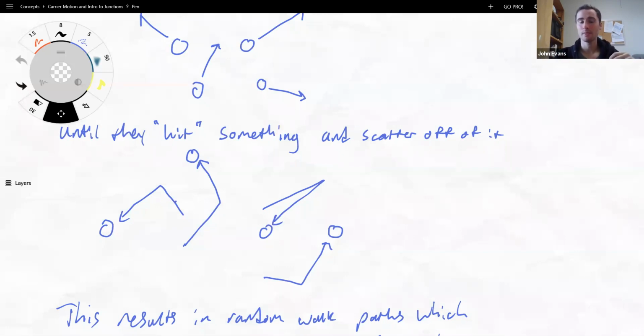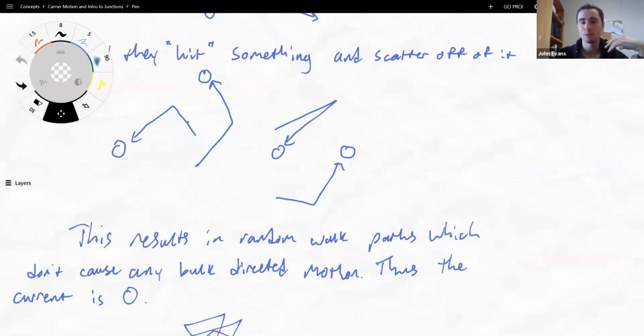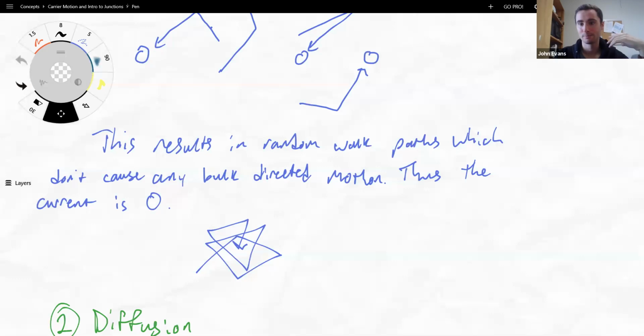But once that happens, it'll change direction, most likely. That's what scattering means. It'll change direction, which again will be random, and everything will get a new random direction. But all in all, you get these random walk paths.